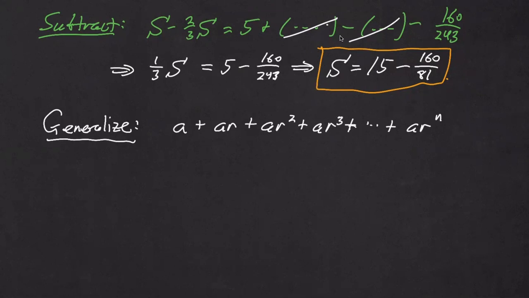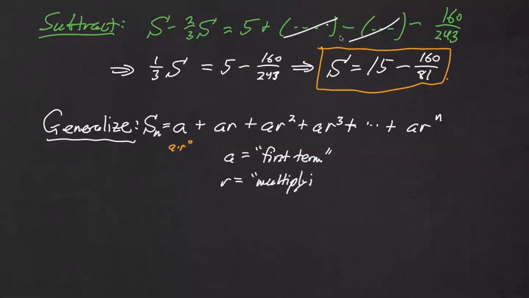So let's call that, oh, I forgot to leave room again for S sub N. So this actually has N plus 1 terms, because you can think of the first term as like A times R to the 0 if you want, but most books tend to use A and R. A is the first term, and R is the multiplying factor. Okay, and this is a finite geometric series.